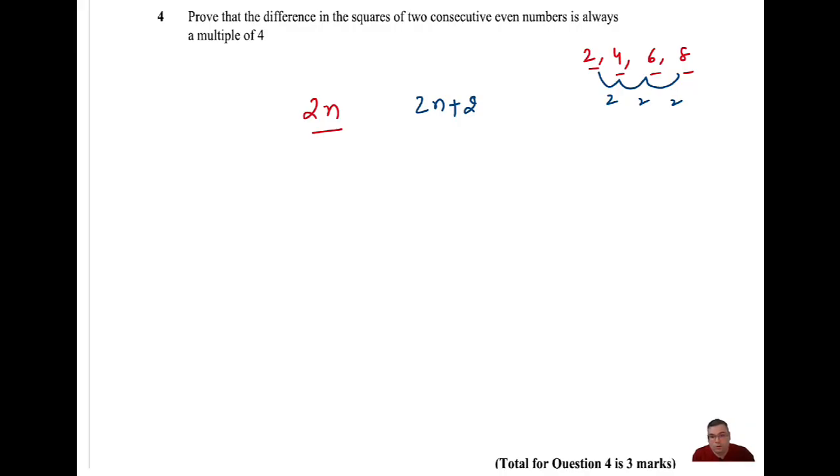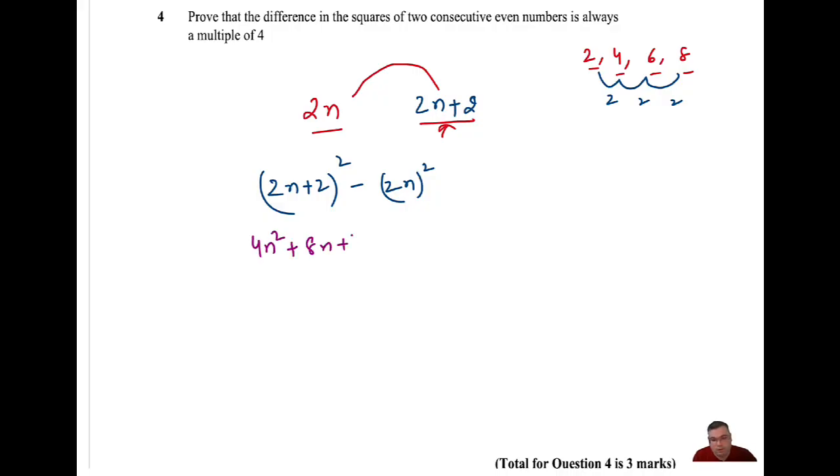Now the difference of their squares: 2n plus 2 squared minus 2n squared. We subtract this way because this is the bigger number, bigger minus smaller. Let's solve further. This becomes 4n squared plus 8n plus 4 minus 4n squared.